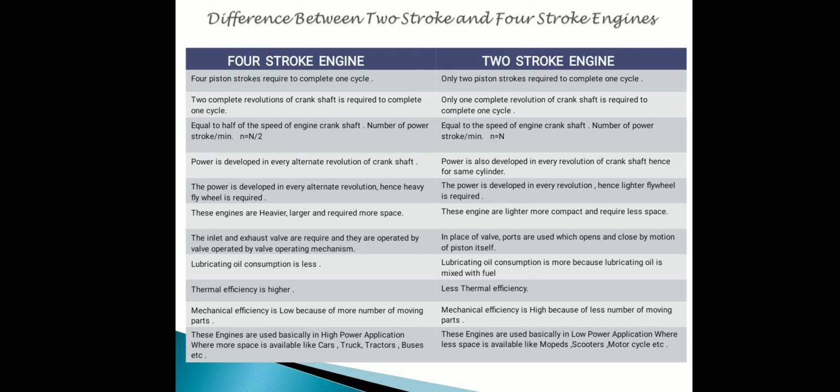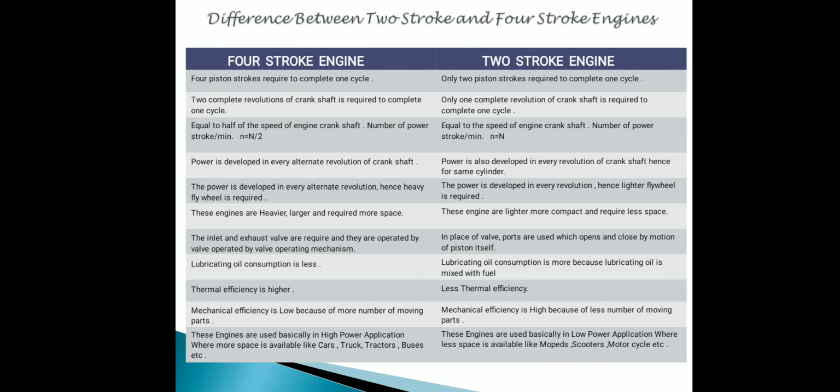Now the difference between the two stroke engine and four stroke engine. Four piston strokes are required to complete one cycle in the four stroke engine, but in the two stroke engine only two piston strokes are required to complete one cycle. The cycle is equal to half the speed of the engine crankshaft, so the number of power strokes n equals N by 2, where capital N is the RPM.